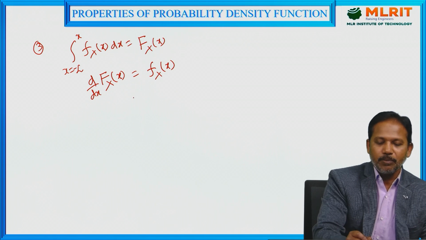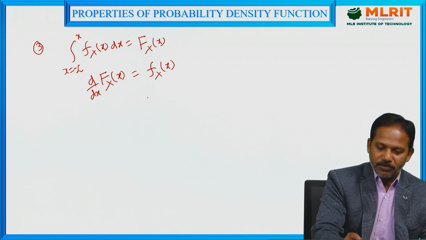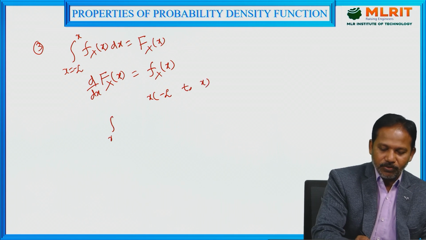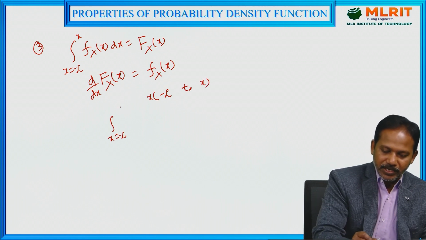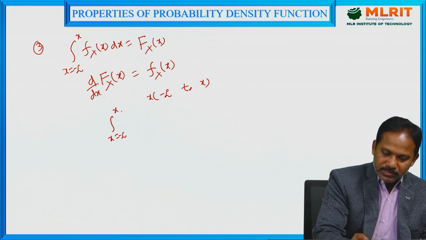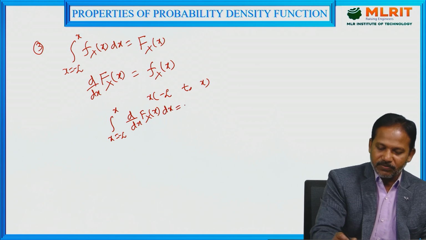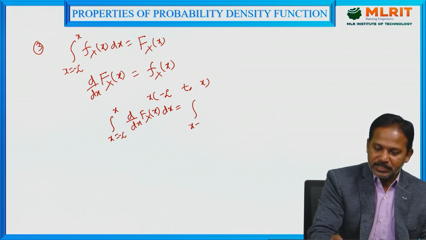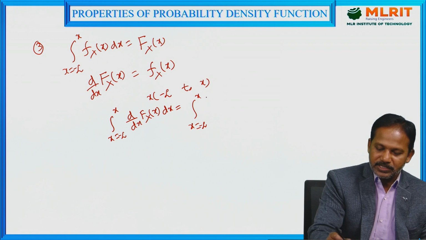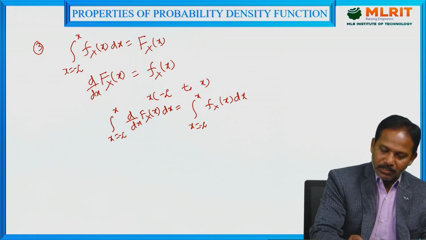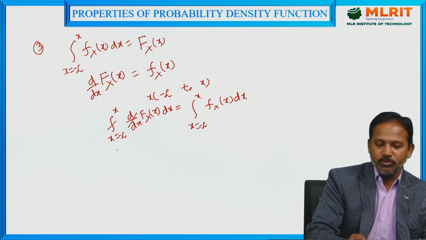Now I need to apply integration on both sides from x equal to minus infinity to x. So we can write the integral from minus infinity to x of d by dx of capital F_X of x dx is equal to the integral from minus infinity to x of small f_X of x dx. Here differentiation and integration cancel.